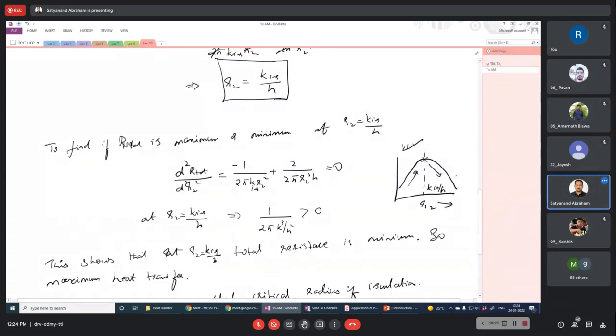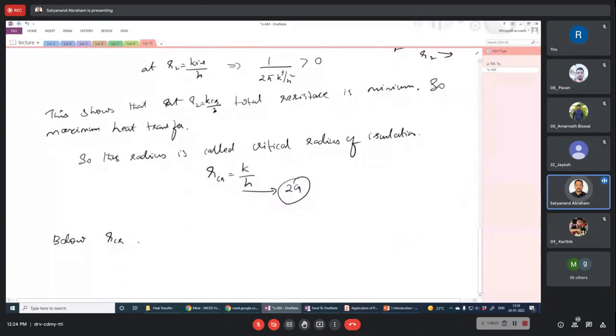So we should always make sure our radius is somewhere in this region, so that further addition of insulation will always reduce our total heat transfer.